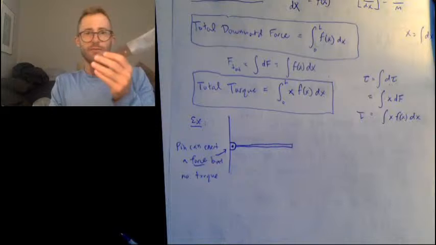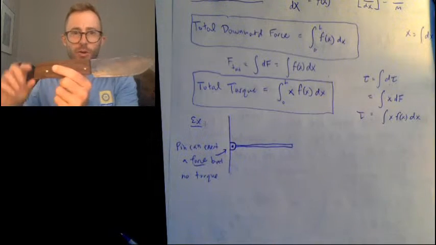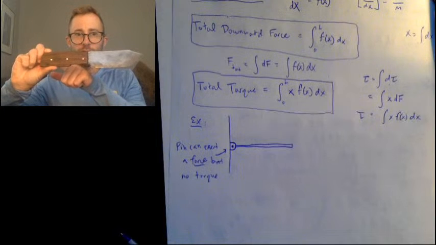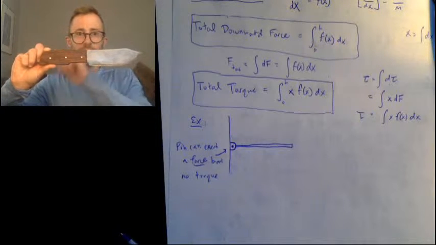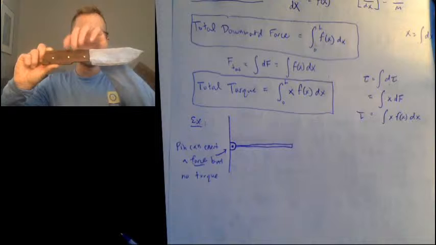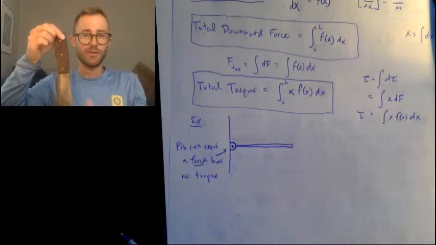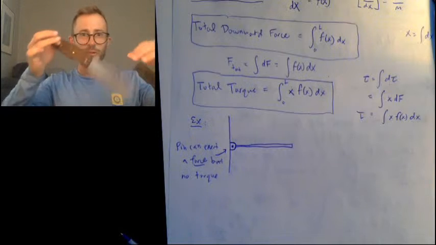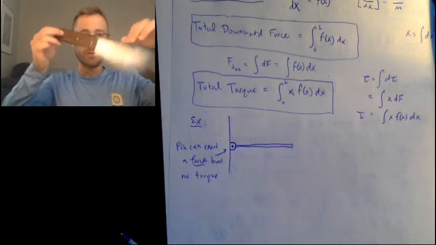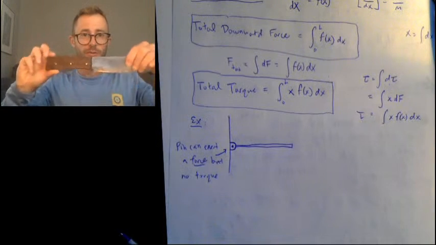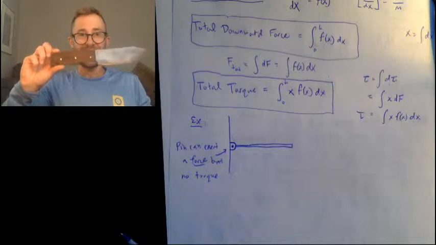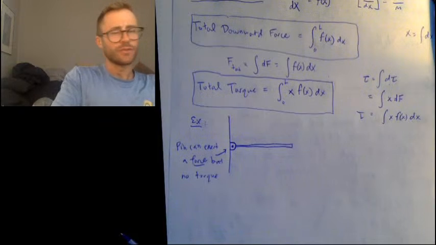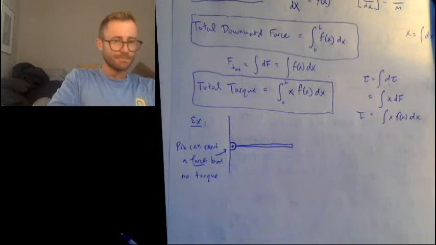If I take this knife and hold it like this, I'm exerting a force on the knife but no torque because it can rotate freely. But if I hold it like this, I'm exerting a force and a torque in order to keep it upright. So there are different ways you can join things together.